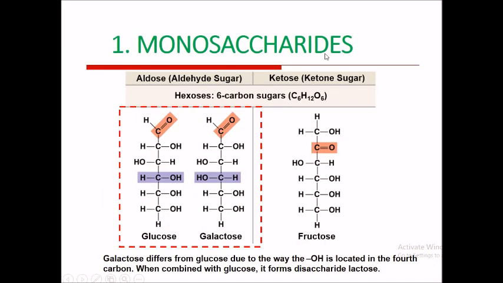So the examples of monosaccharide, as you can see here, are glucose and galactose, which consist of 6 carbon atoms in the carbon skeleton: 1, 2, 3, 4, 5, 6, and 1, 2, 3, 4, 5, 6, similar also to fructose.